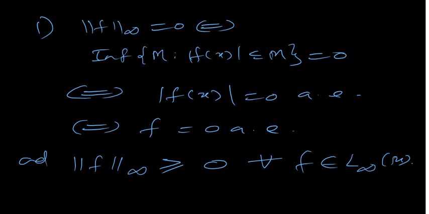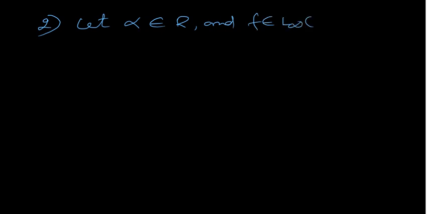Okay, so the second property, that's not the triangle inequality, that's the homogeneous property, that's this one. So let's take a scalar alpha in R and f belongs to L infinity mu.